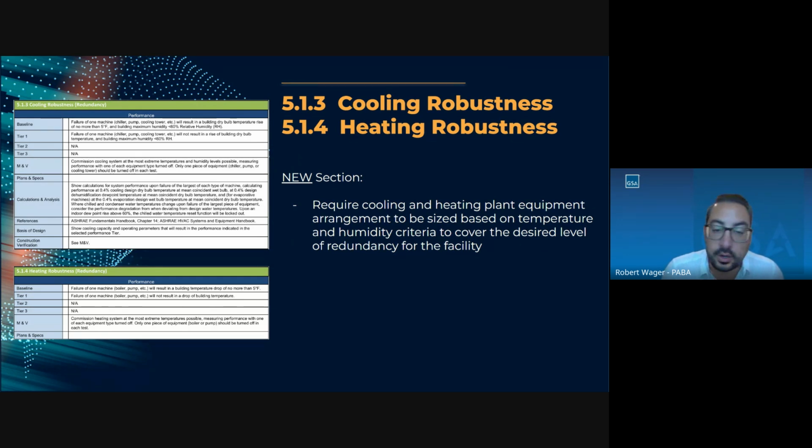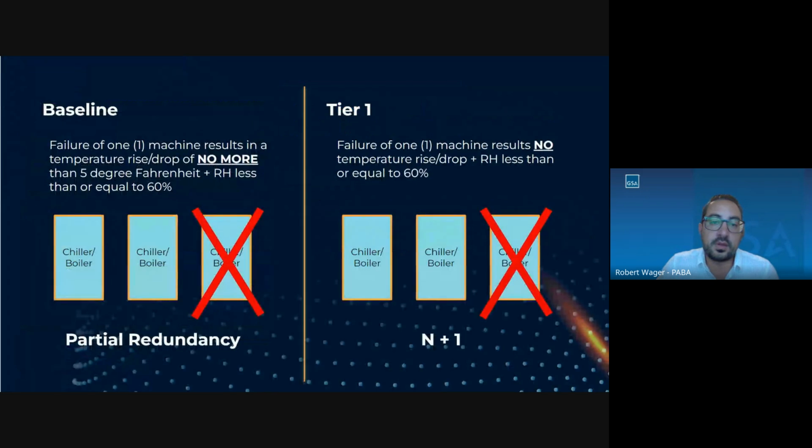Instead of requiring a minimum number of equipment, we're now trying to embody that performance-based approach and change the requirements so that now the baseline requirement is if you have a set of equipment that is installed, say you have 3 chillers installed and you lose one of them, the building's temperature set point does not go more than 5 degrees Fahrenheit above what that set point is.